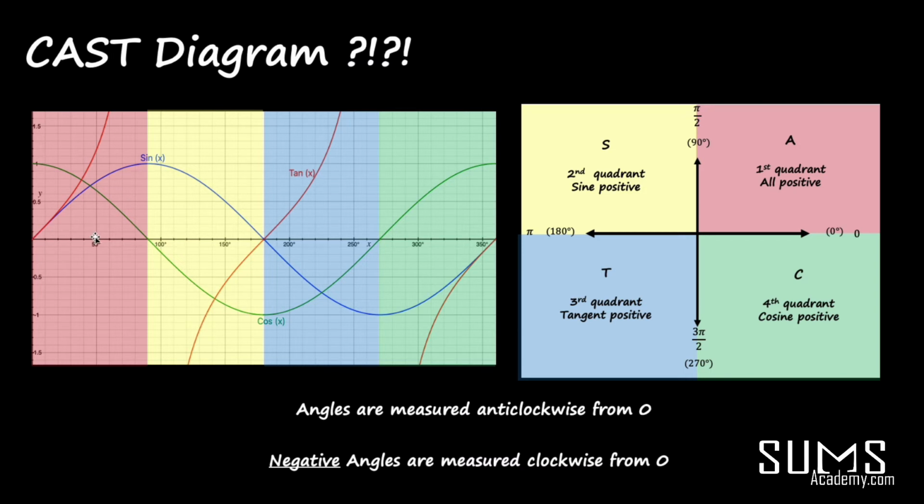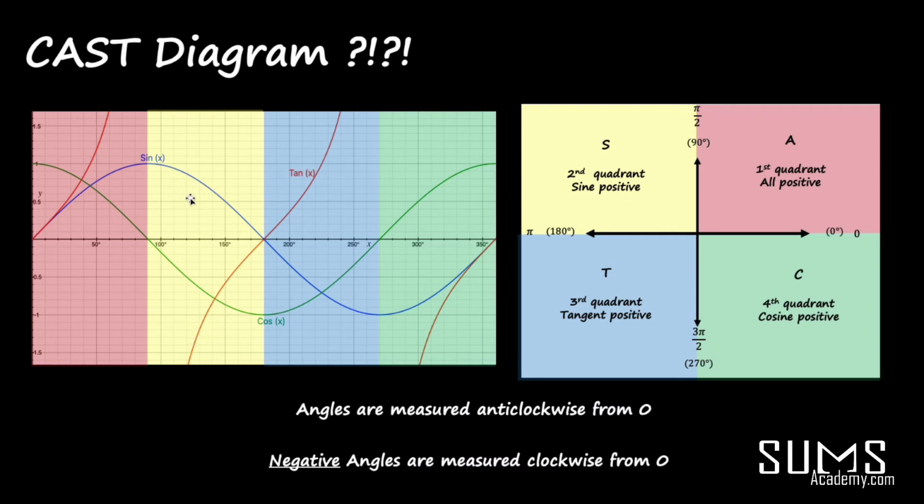But when you move into the next quadrant, so there's four quadrants, between 90 and 180, you can see that cos goes negative here, and tan does what tan does, and it flips down to negative infinity at 90, and it's also negative.